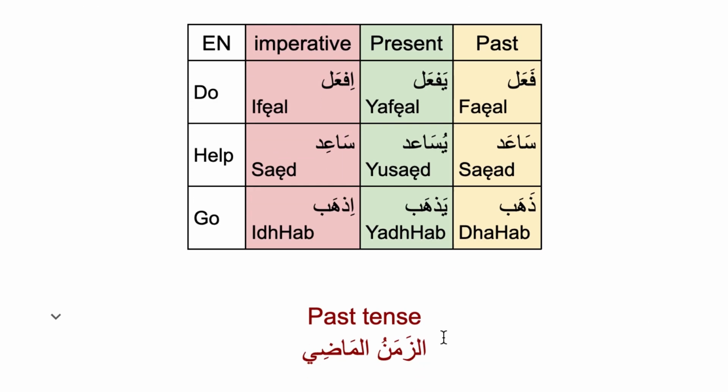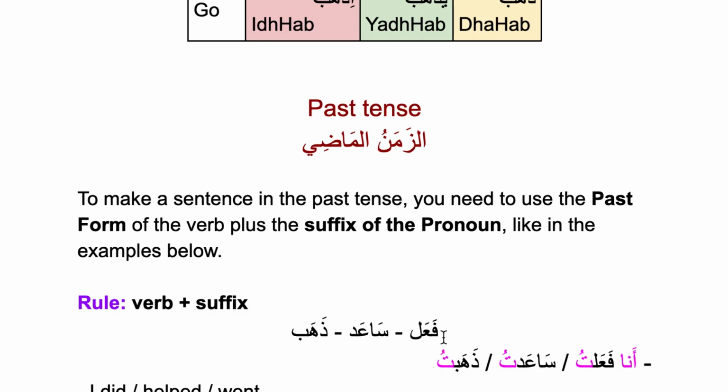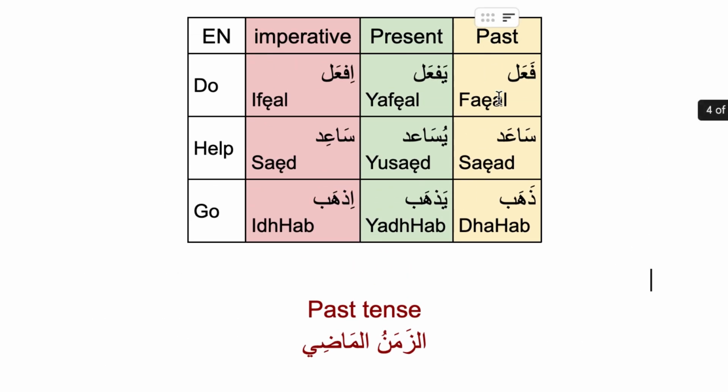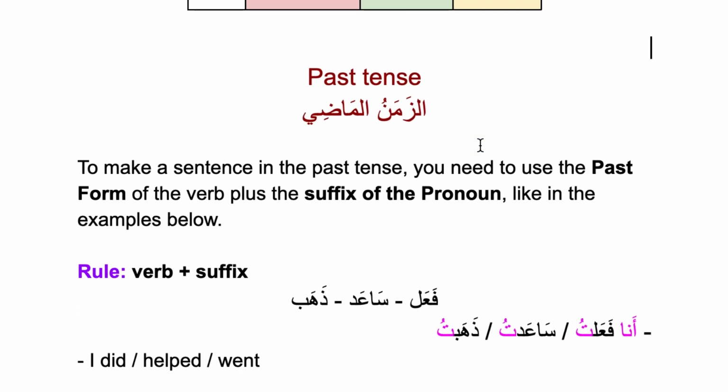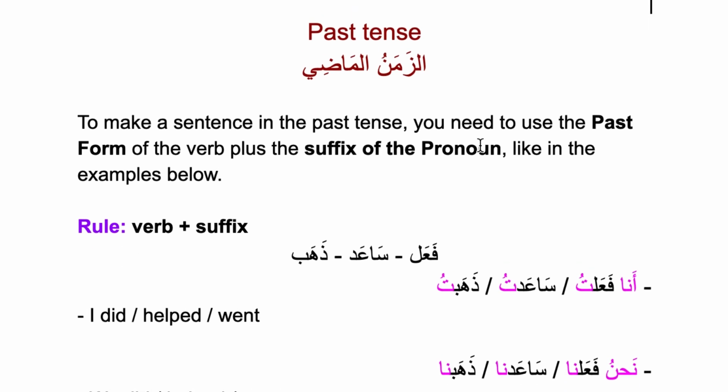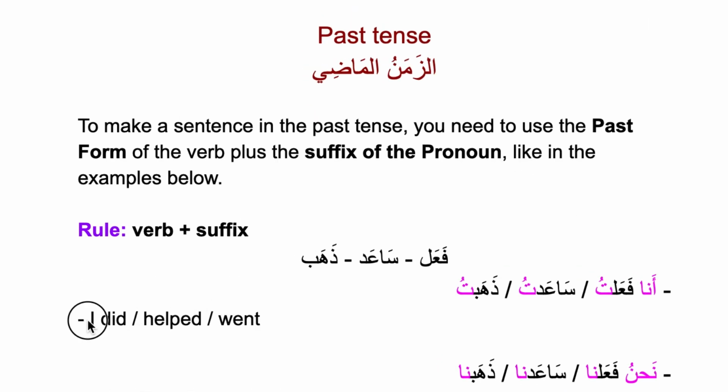Okay, now let's see how we can use these verbs in a sentence. We will start with the past tense, الزمن الماضي. If you want to say in Arabic, I did something, first you need to know the suffix of I. In this case, it's a ta with a dhamma on it.